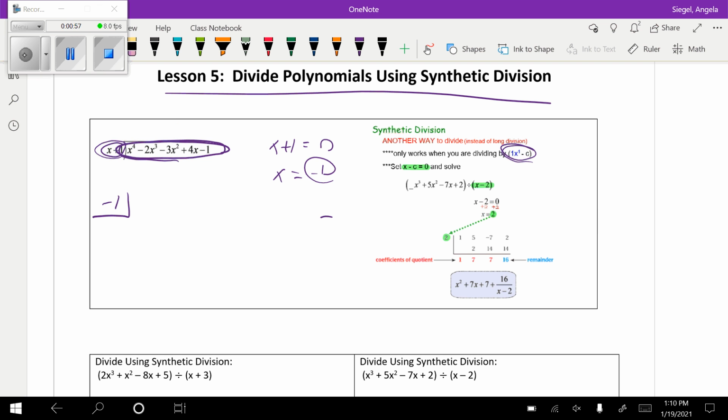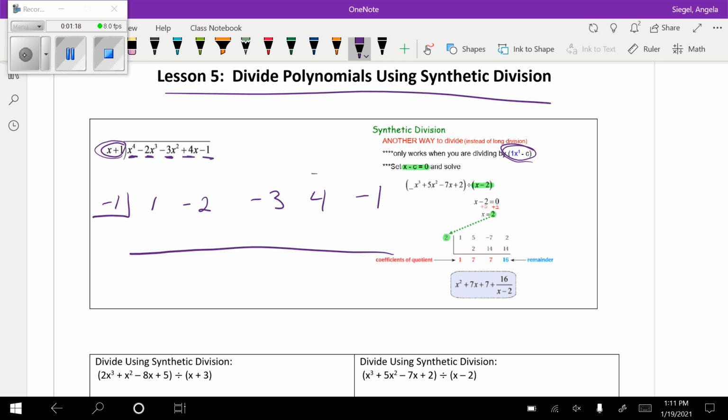So I'm just going to list all of the coefficients here: 1, -2, -3, 4, and -1. Okay, so we are going to make a little space in between and draw a long, long line.